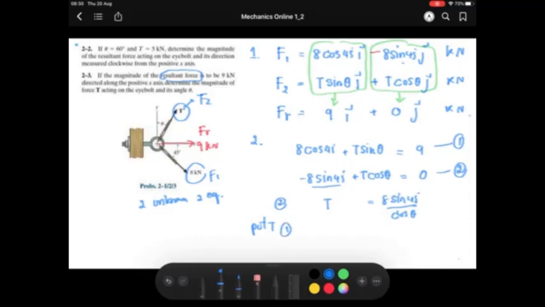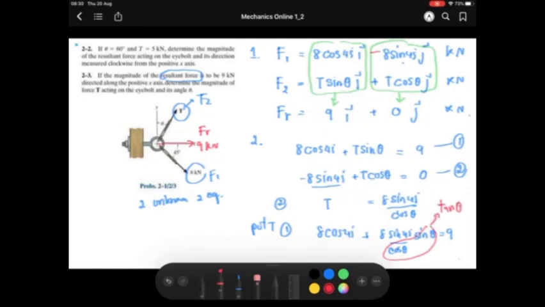I get 8 cos 45 plus 8 sin 45 times sin theta over cos theta equal to 9. These two terms combine to be tan theta.